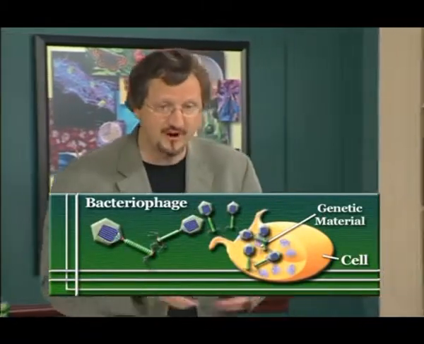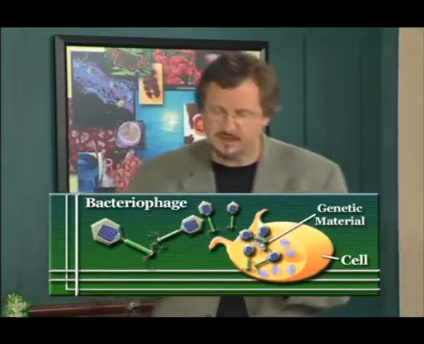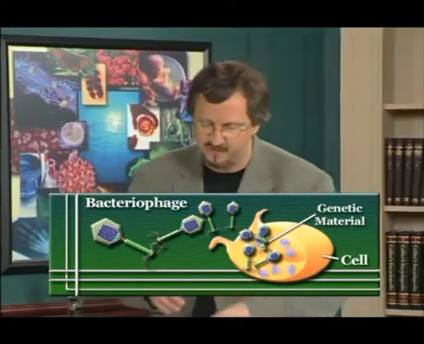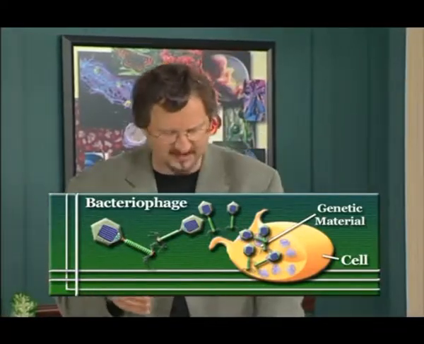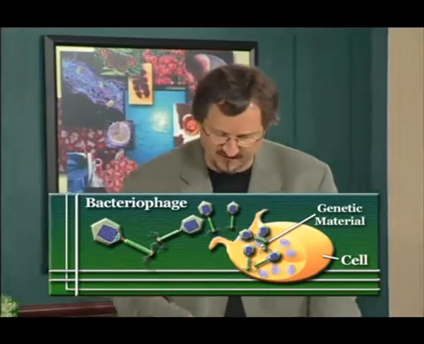Of course, this is very bad news for the bacteria, so you can imagine that natural selection would favor the evolution of mechanisms that defend the bacteria against viral attack. One such mechanism, discovered in the late 1960s, involves enzymes produced by the bacteria called restriction endonucleases, or we sometimes call these simply restriction enzymes.